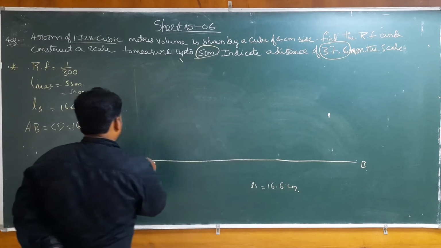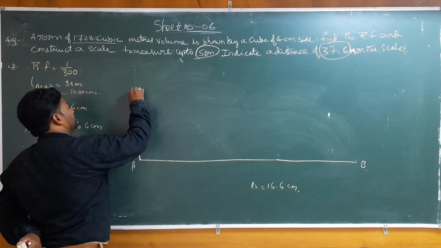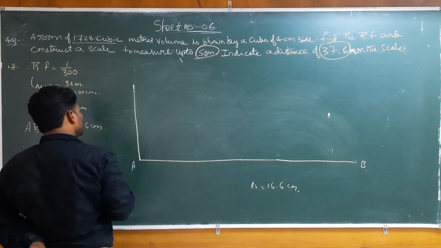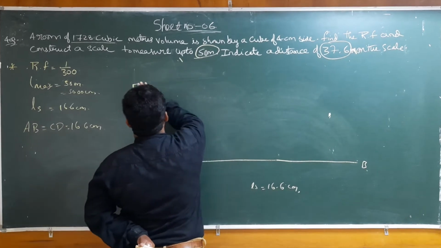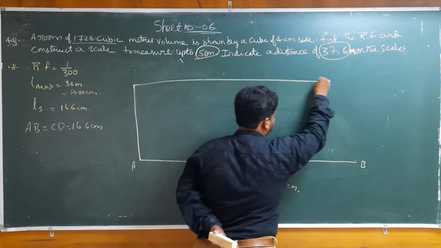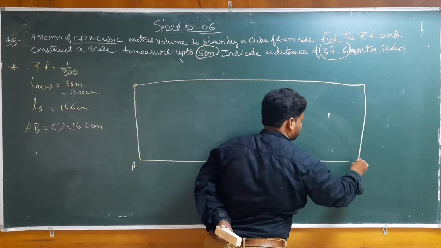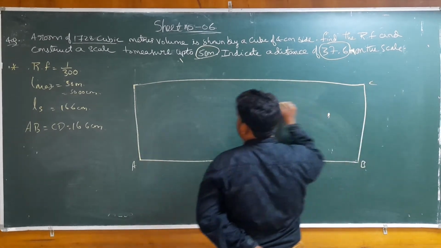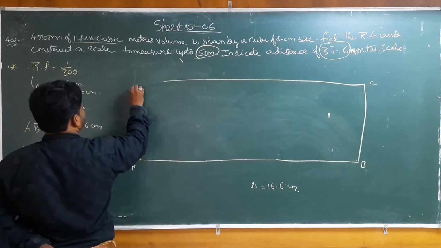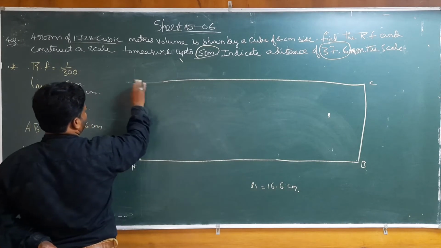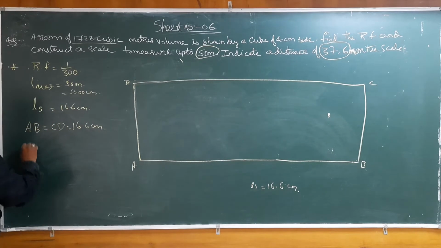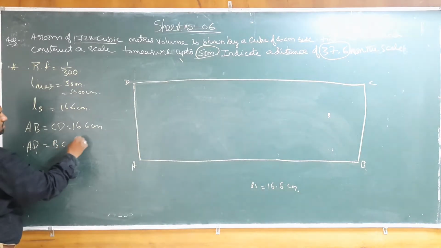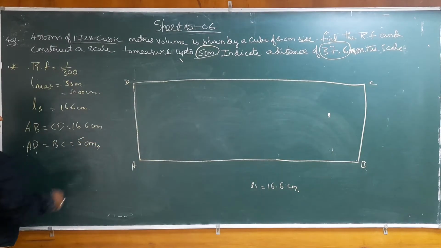Now to get the rectangle, width should be equal to 5 centimeters. This is C and this is D. Now AD is equal to BC is equal to 5 centimeters.